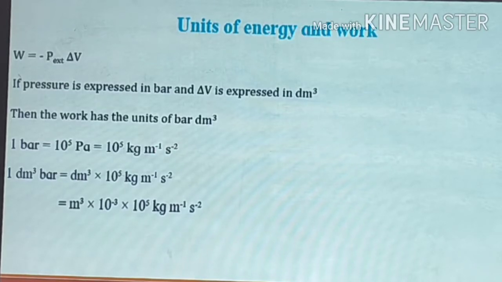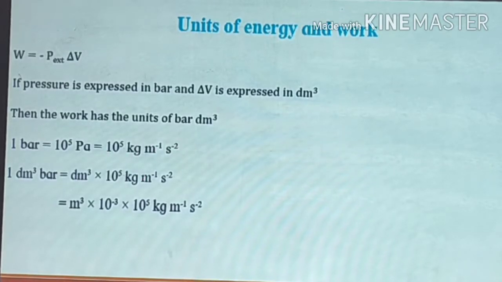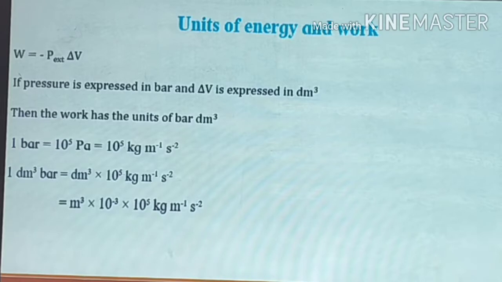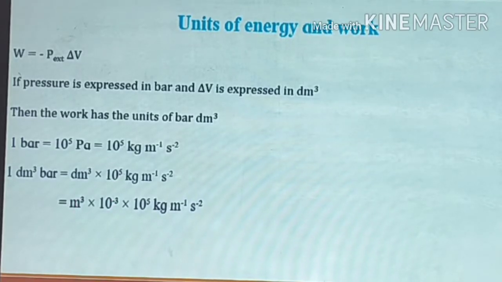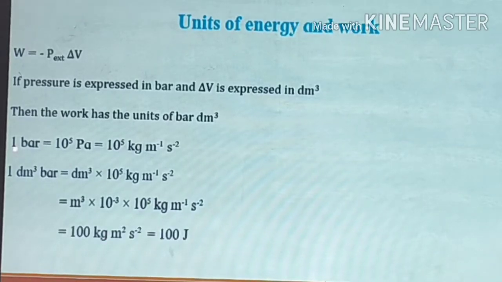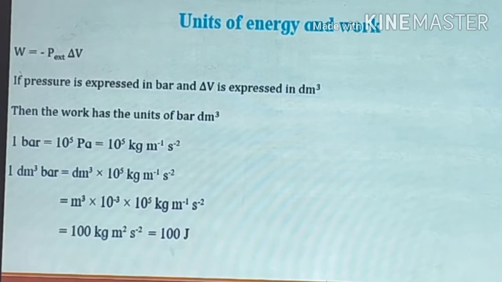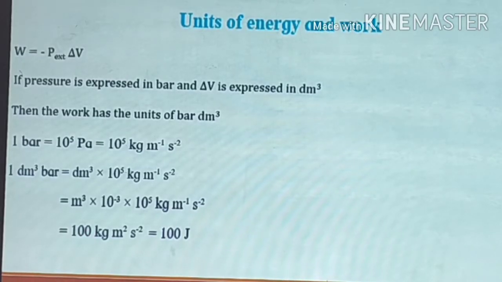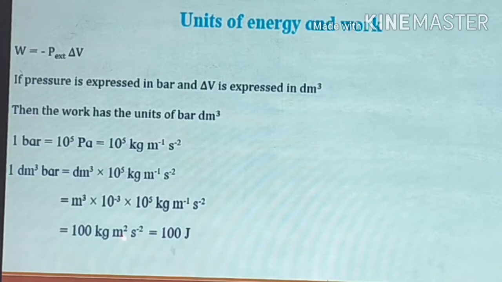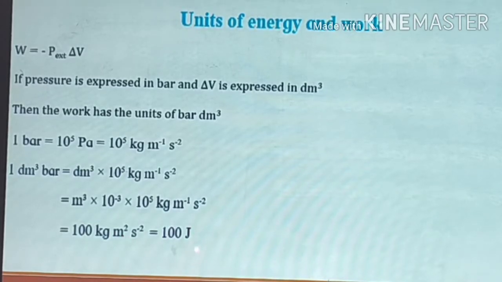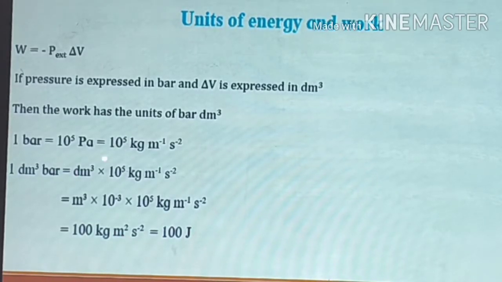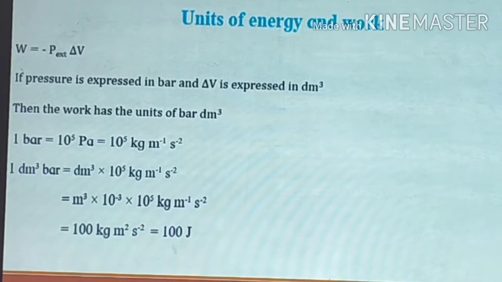If you do the calculation, 10 raised to minus 3 into 10 raised to 5 becomes 10 raised to 2. Meter cube and per meter will get cancelled and meter cube will become meter square. So I will get 100 kg meter square per second square. But kg meter square per second square is nothing but joules. So 1 dm cube bar is equal to 100 joules.